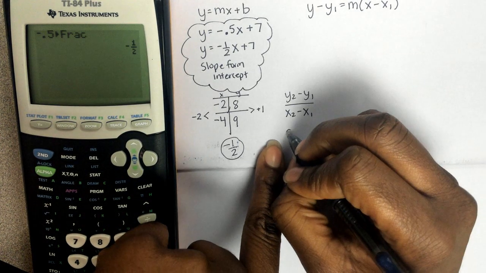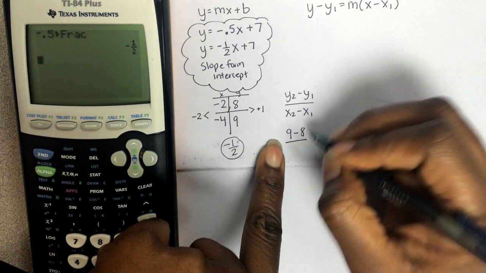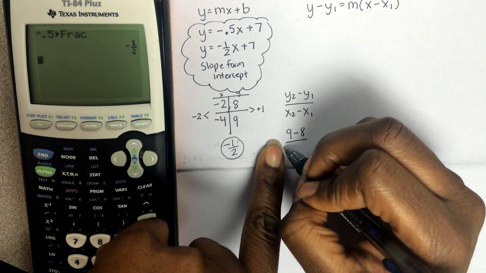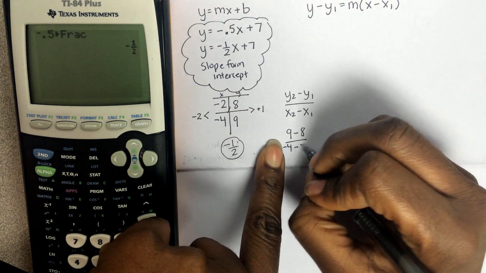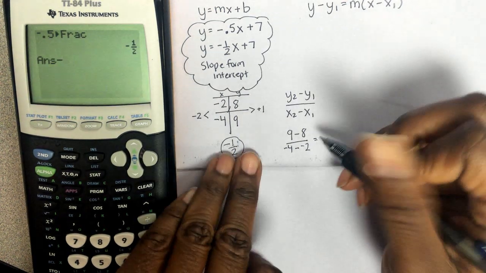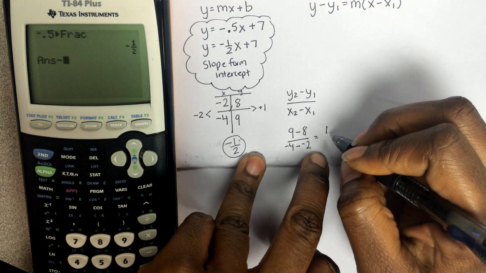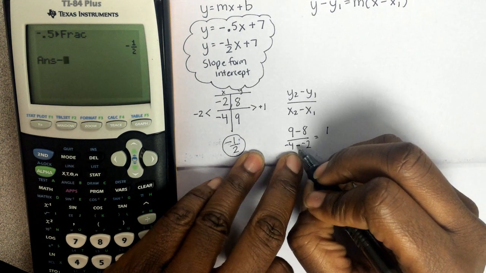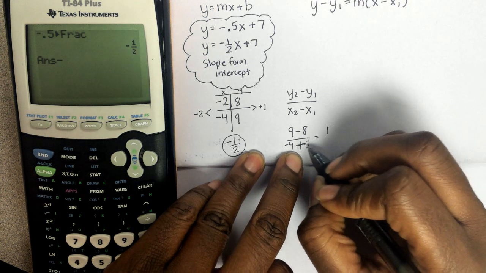So that would be y2 minus y1 would be 9 minus 8. x2 minus x1 would be -4 minus a -2. So 9 minus 8 is 1. And then -4, that actually becomes a big plus sign because there's 2 negatives right next to each other.